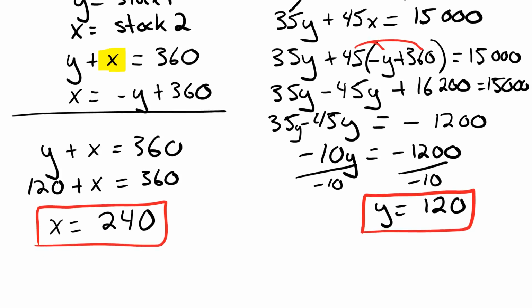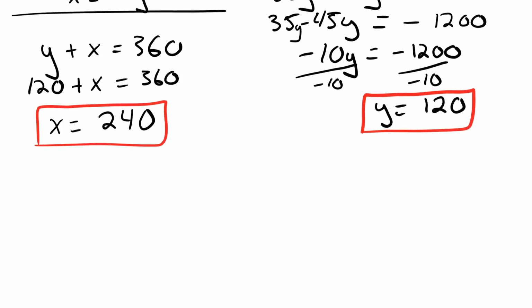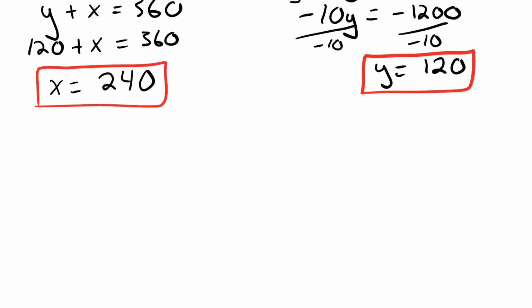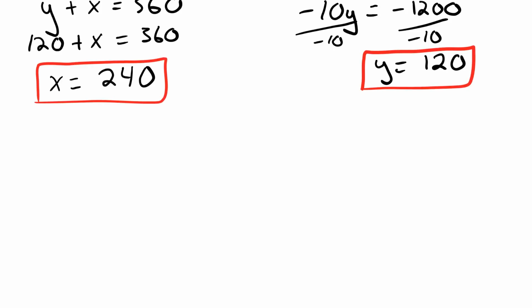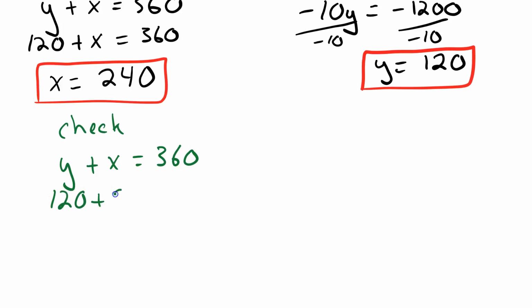Let's do a quick check on this to make sure that I am 100% right. So I'll go into green, do my check. The first one was y plus x is 360. My y was 120. My x was 240. 120 plus 240, 360. So yep, that's a check.